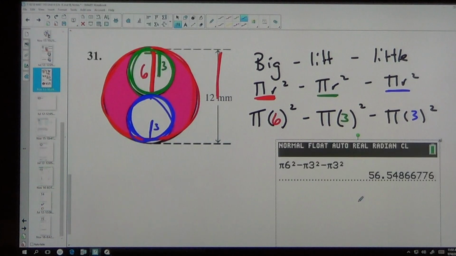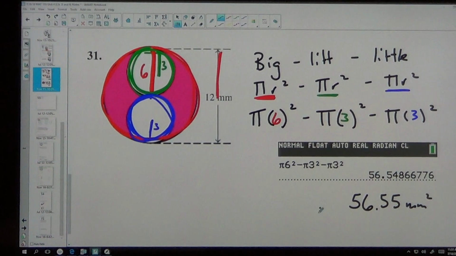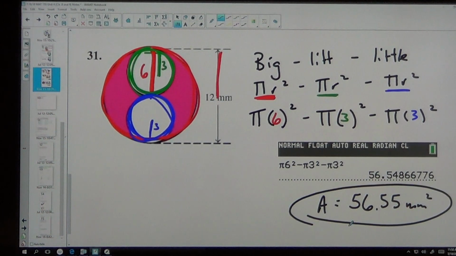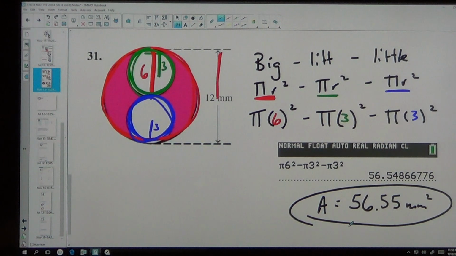I just did it all at once. And if I round that to the hundredths and put my square on it because it's area, there it is. I got 56. You don't have to put them parentheses. I mean, you can, it doesn't matter.